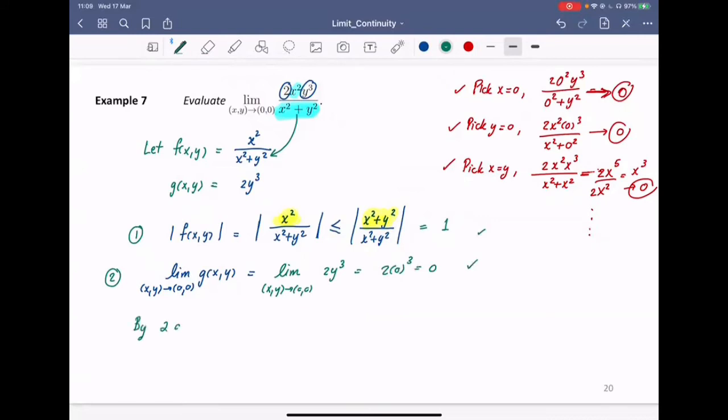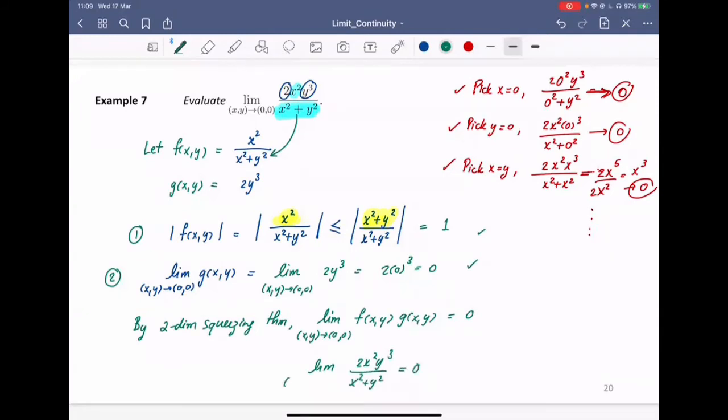So by the two-dimensional squeezing theorem, the one that we just did on slide 19, we conclude that the limit of f and g multiplied together, as x, y goes to 0, 0, is equal to 0, which means the limit of the thing we want is equal to 0. Sounds good?